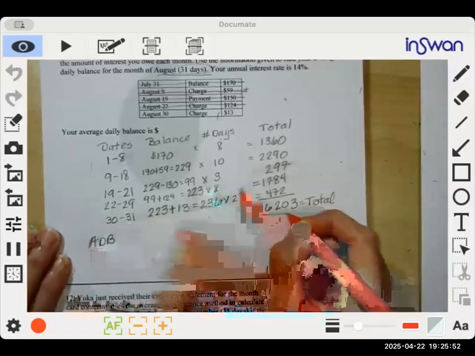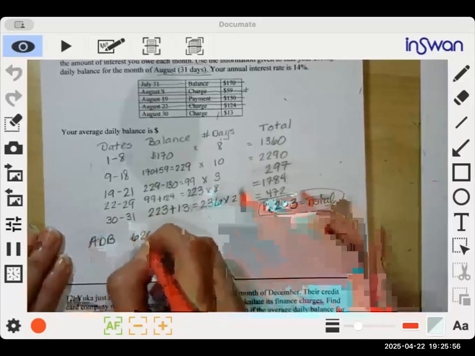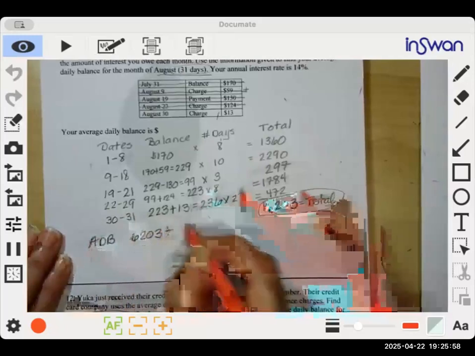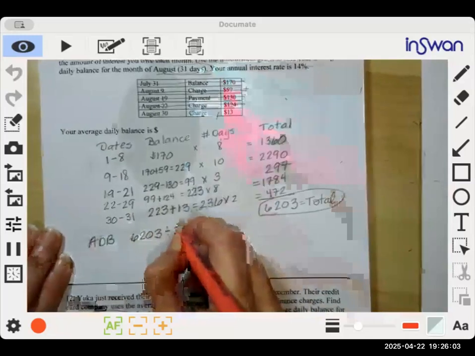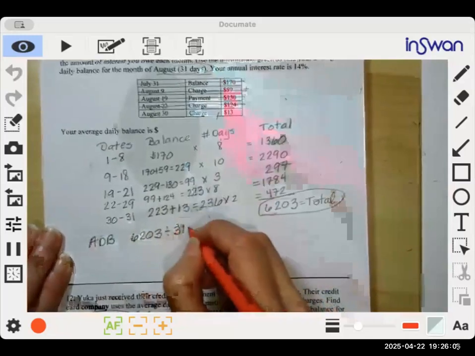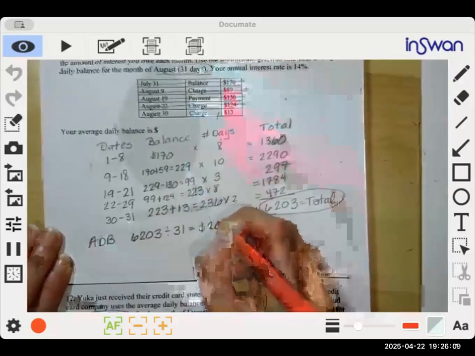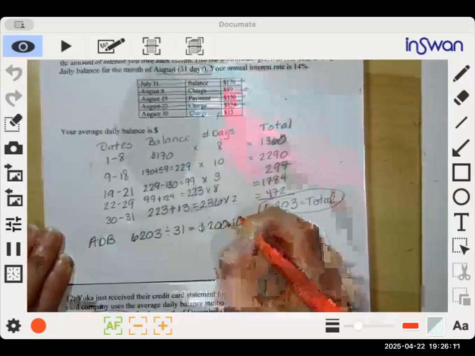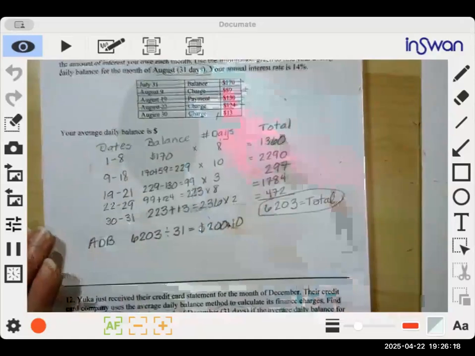We take our total amount and we divide that by the number of days in the month. And this month we know has 31 days in it. So when dividing this out, we'll get $200.10. All right, now that I confused you all, what questions do you have on that?